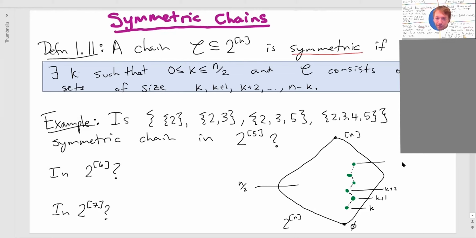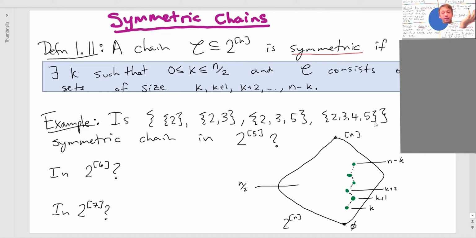And this makes sense because k is at most n over 2, so n minus k is at least as big as k. So it's just a special type of chain. Any questions about that?